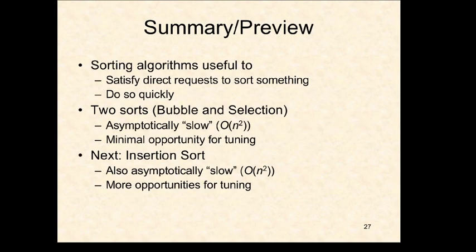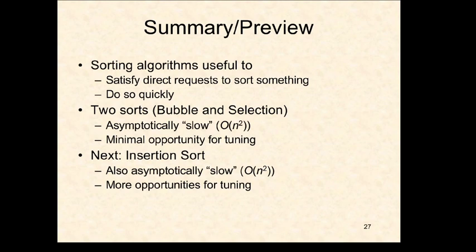So up until now, with the elementary sorts, bubble sort and selection sort, sorting does this specific task of putting them in order. We want to do it quickly. So far, our two sorts, bubble sort and selection sort, have been O of n squared, but we haven't had a lot of opportunity to improve the complexity.